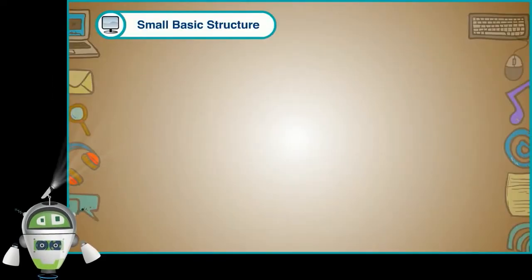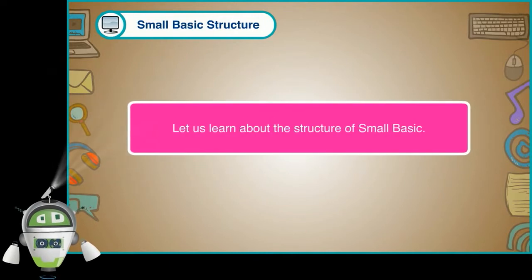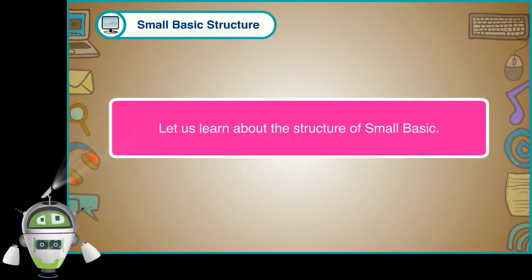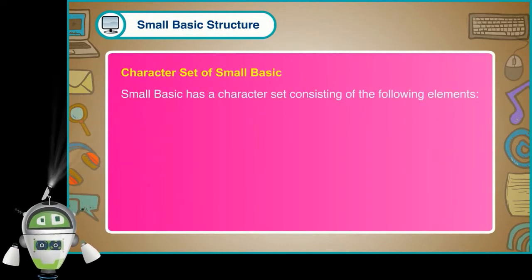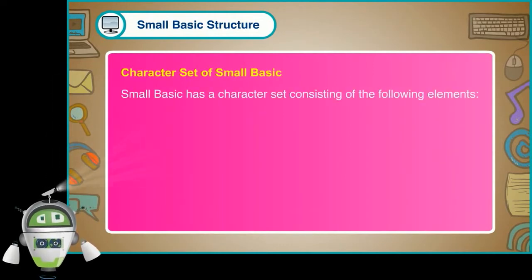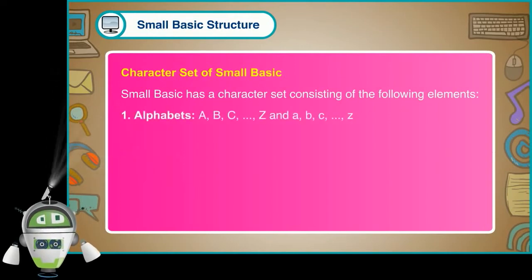Small Basic structure. Let us learn about the structure of Small Basic. Character set of Small Basic. Small Basic has a character set consisting of the following elements: alphabets, capital letters A, B, C till Z, and small letters also from a, b, c till z. Digits 0, 1, 2, 3 till 9.